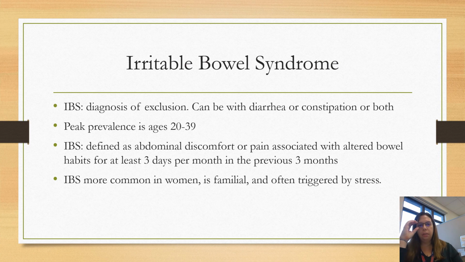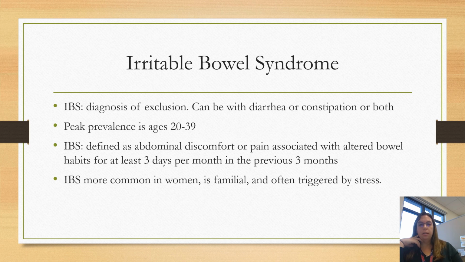Irritable bowel syndrome is once again a diagnosis of exclusion, and remember what that means. That means I have to prove it's not anything else, okay? So IBS can present as diarrhea or constipation, or a mix of diarrhea and constipation. Peak prevalence is 20s and 30s.